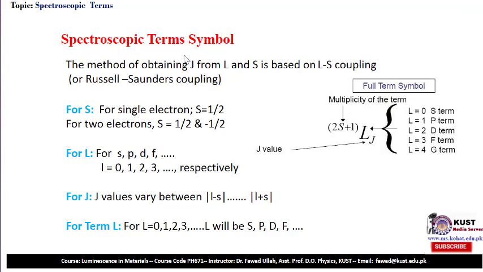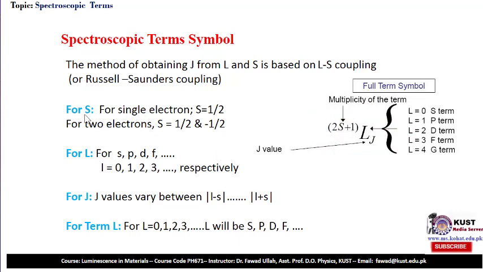The spectroscopic term symbol can be derived in this way: if we are able to find S and then L and then J, we can easily find the term symbol 2S+1LJ for any electronic state.